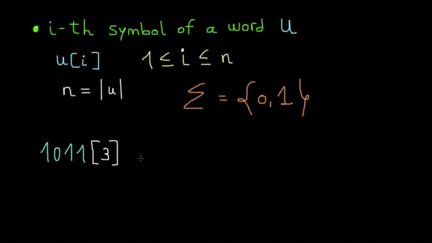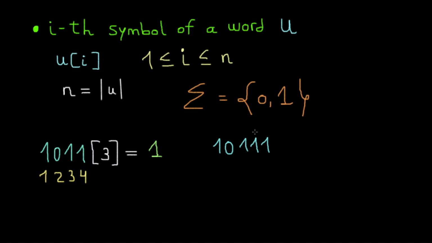We write the position of this element between square brackets. Since we start with 1, this is going to be the position 1, the position 2, the position 3, and the position 4. So we are now accessing the third element, this is the index i. And so we can see how it is this one, and we can just write 1. As easy as so.